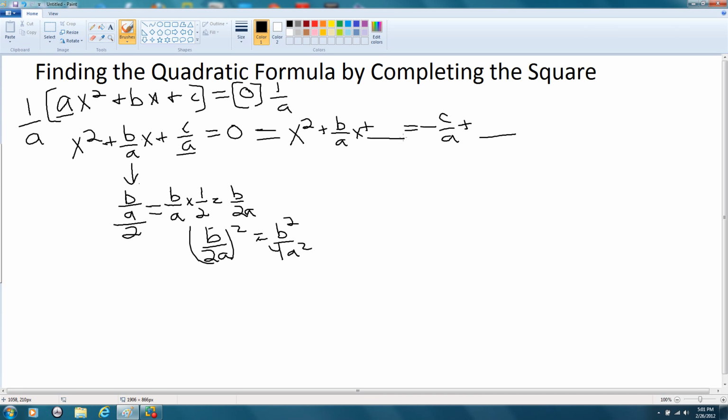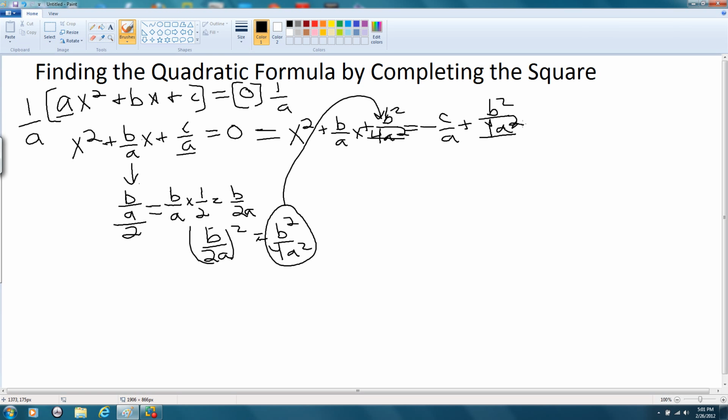So that goes in here, and this is b squared over 4a squared. Sorry, that's hard to read.